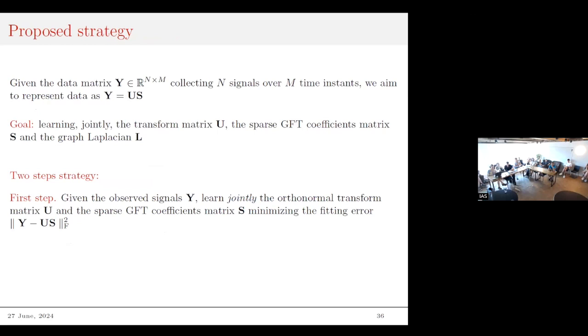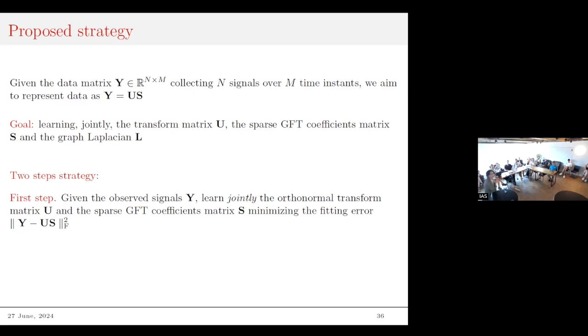But given the data matrix, we find a sparse representation. We learn jointly the transform matrix U because I don't know the graph, so I don't know the eigenvectors over which I have to represent the signal.